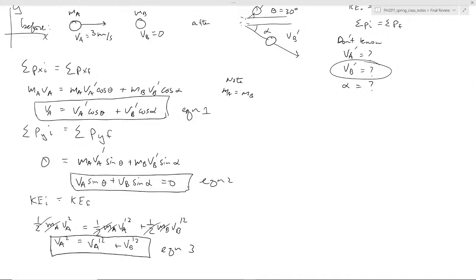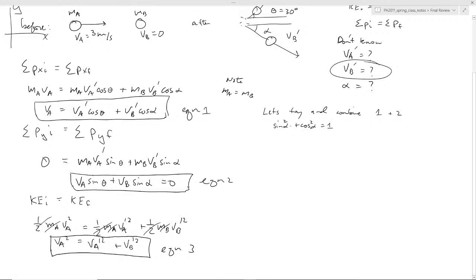Let's try and combine 1 and 2, making use of the fact that sine of an angle squared plus cosine of an angle squared equals 1.